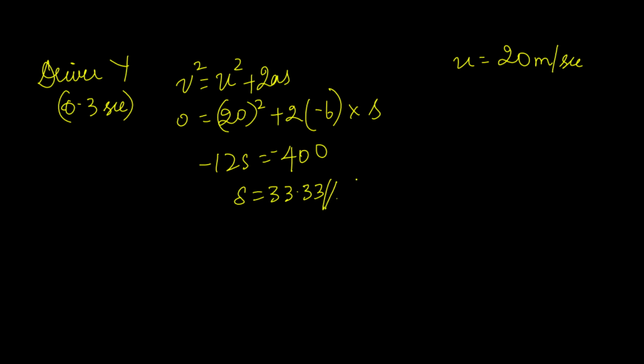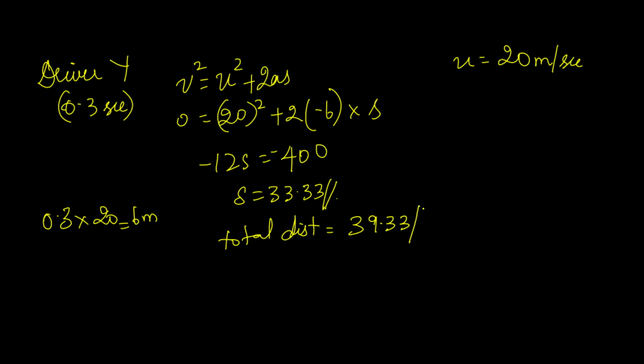This is the braking distance. The reaction distance is 0.3 into 20, which is 6 meters. So the total distance is 33.33 plus 6, which is 39.33 meters for driver Y, car A. These are the two conditions to be checked.